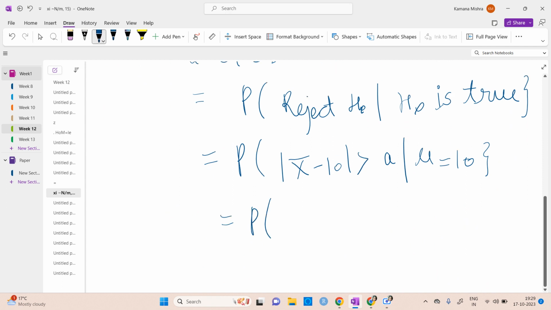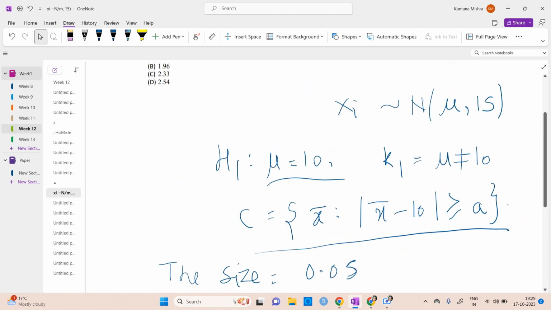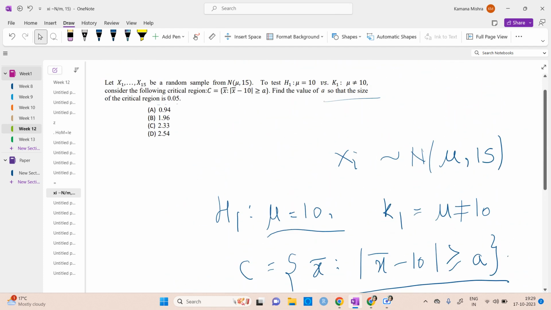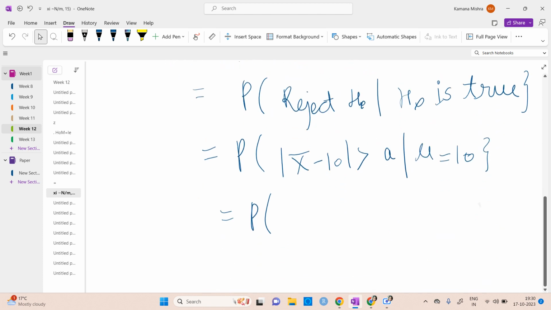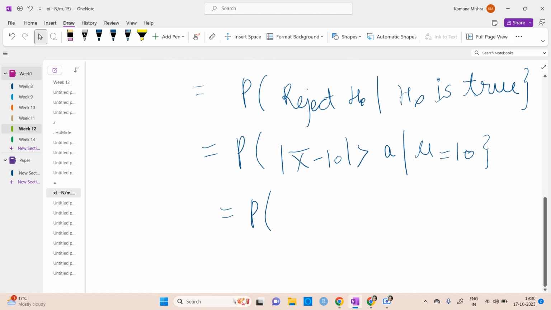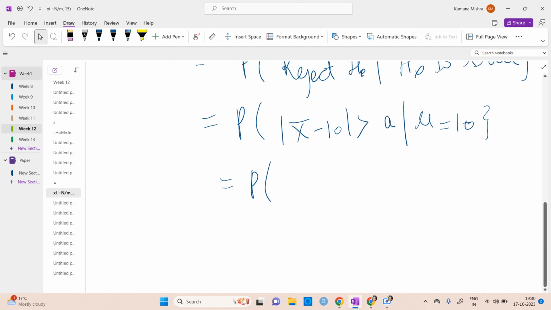Right, now we need to find this. So firstly we need to convert it to z. 15 is the variance, right? And mu we are testing as 10.